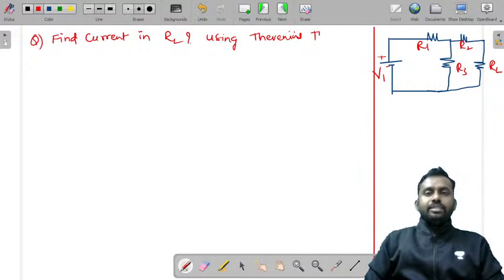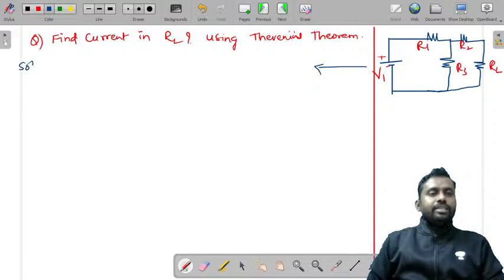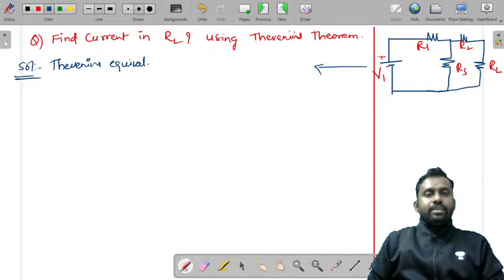So using Thevenin's theorem, now let us consider how do you find this. In the first step you need to draw Thevenin's equivalent circuit.